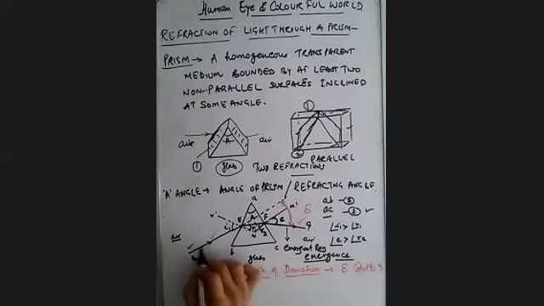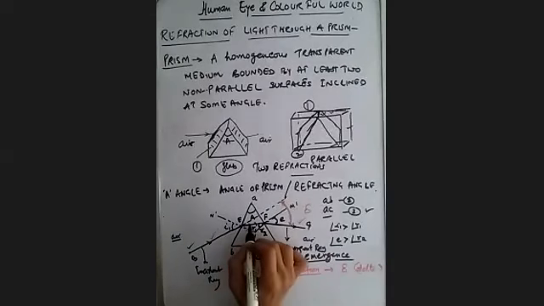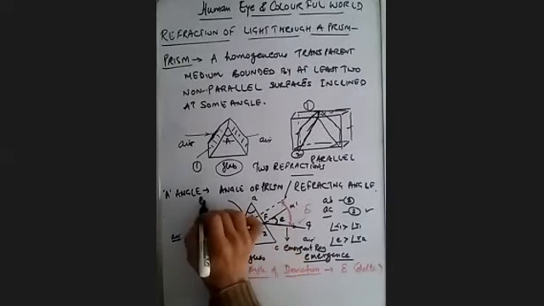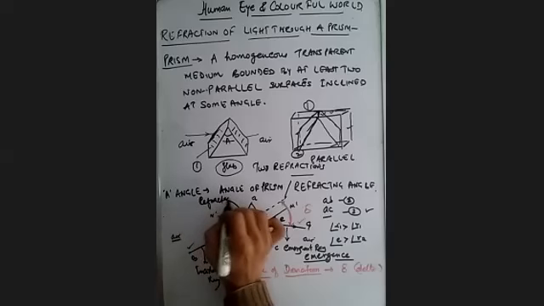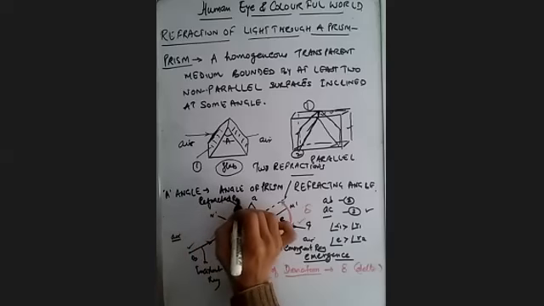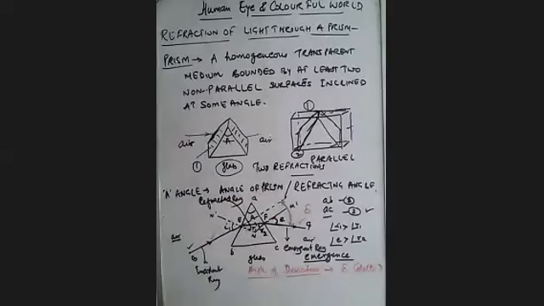This we know already. This is the incident ray, and this is called the refracted ray. That is how refraction of light takes place due to the prism.